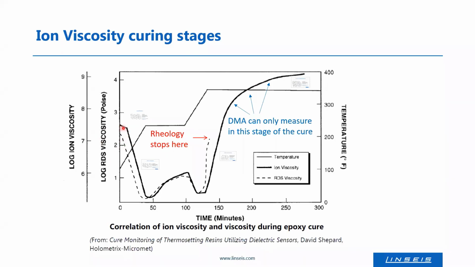And you see that the mechanical viscosity here corresponds to the resistivity, to the frequency-independent resistivity. And that is the reason why at the beginning of the DEA in the early 80s, the frequency-independent resistivity was called ion viscosity, because it correlates with the mechanical viscosity.